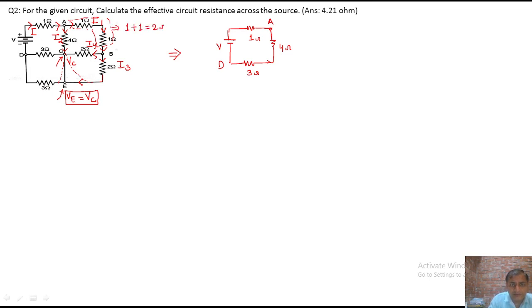This is 2 ohm, and it is connected with the point B.